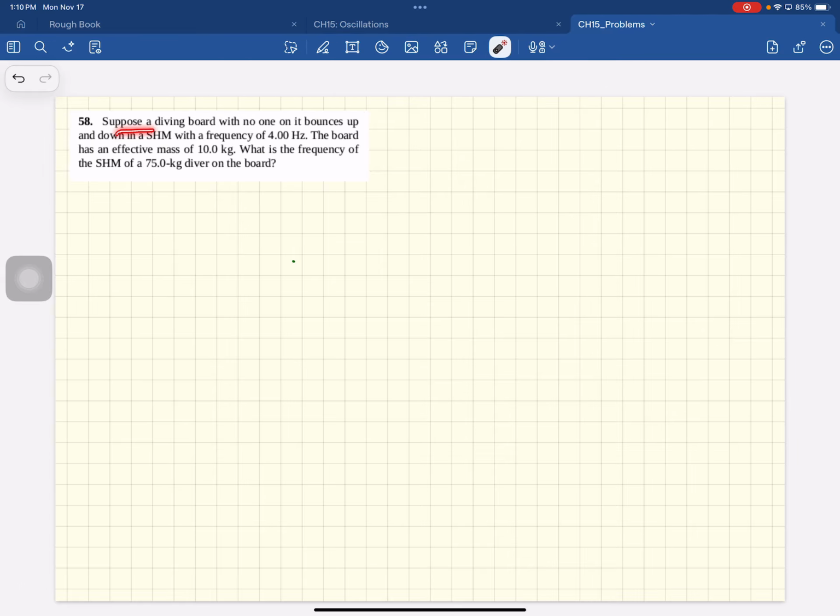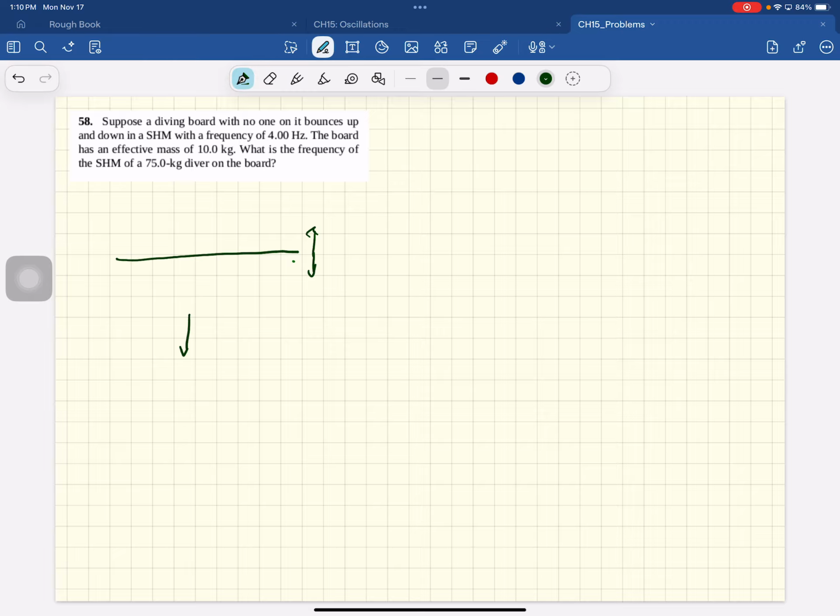This problem says a diving board with no one on it bounces up and down in simple harmonic motion with a frequency of 4 hertz. So here's a diving board, and it oscillates back and forth like that, and it is given an effective spring constant.